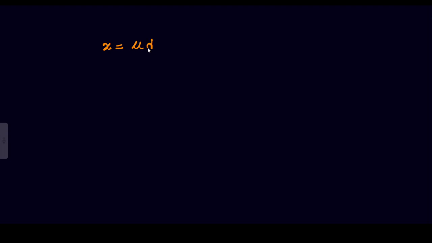We have seen the optical path: x is equal to mu into d. Mu is the refractive index, which is always greater than or equal to 1. So which is greater, d or x?